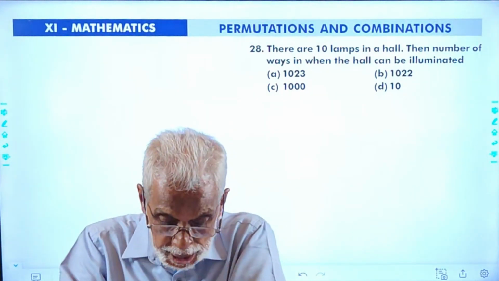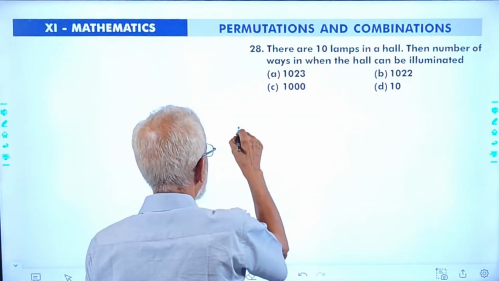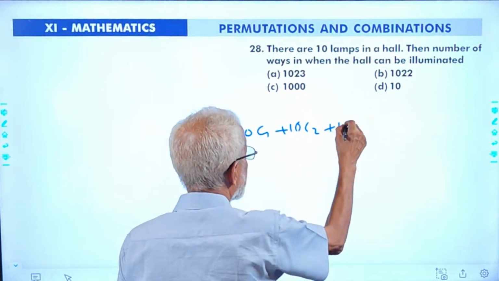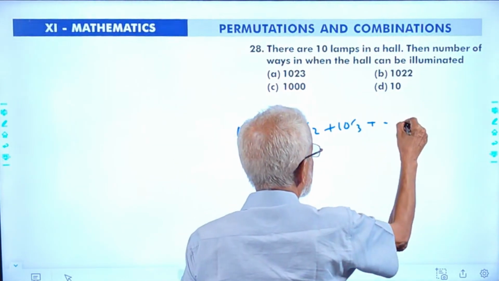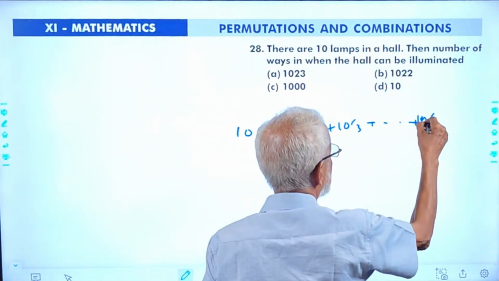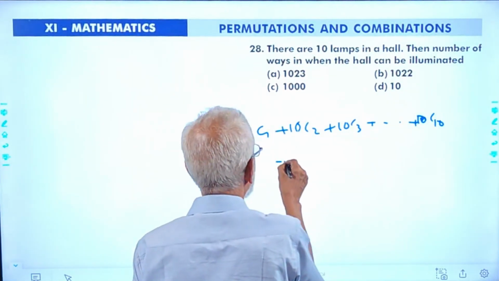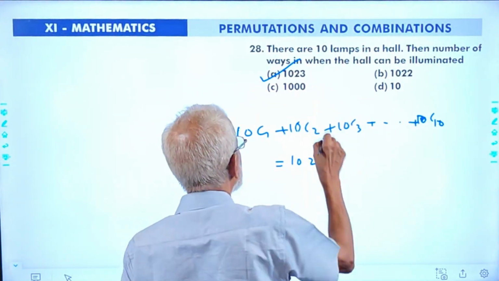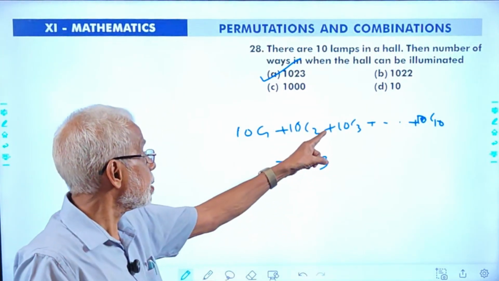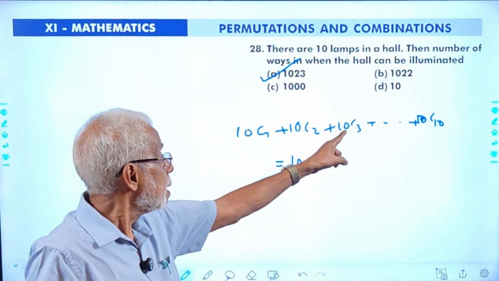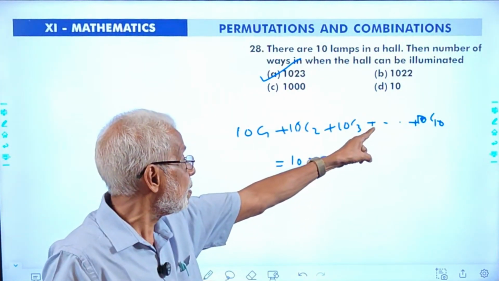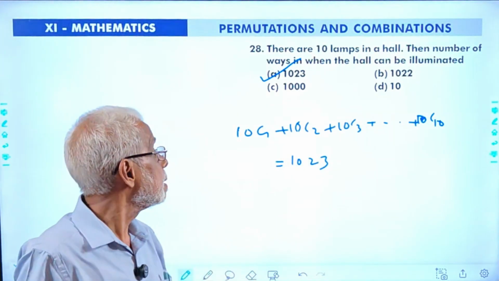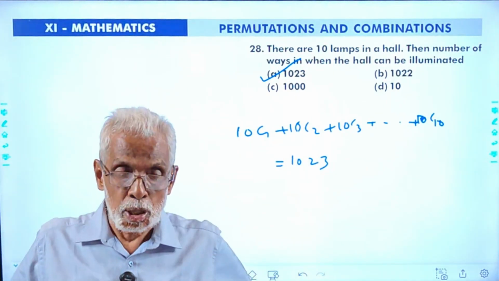Therefore, the total number of ways of illumination is 10C1 plus 10C2 plus 10C3 and so on up to 10C10. Simplifying, we get the total value equals 1023.